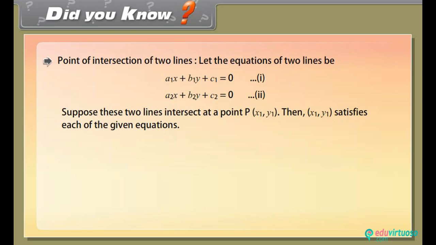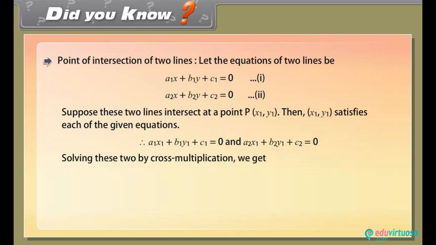Suppose these two lines intersect at a point P(x1, y1). Then (x1, y1) satisfies each of the given equations. Therefore, a1x1 + b1y1 + c1 = 0 and a2x1 + b2y1 + c2 = 0.